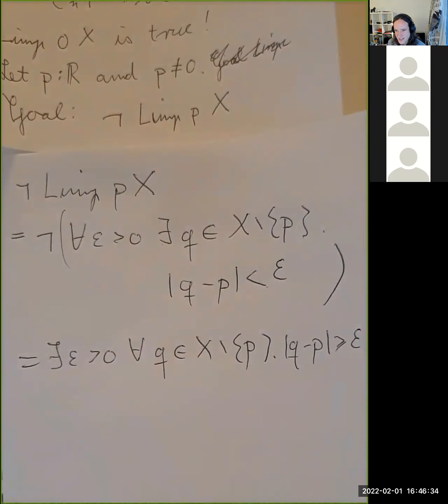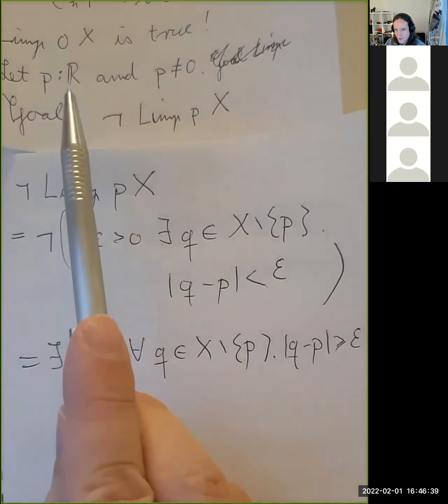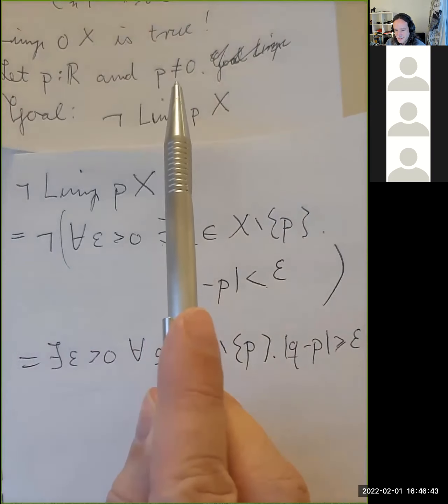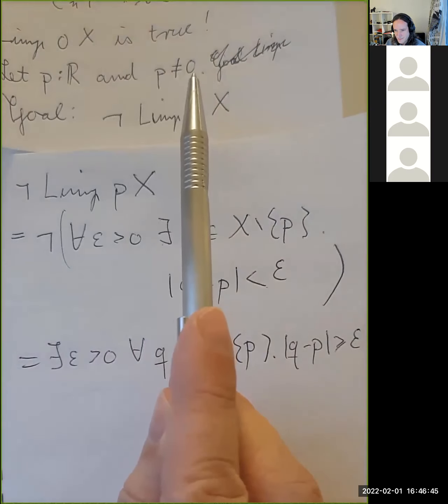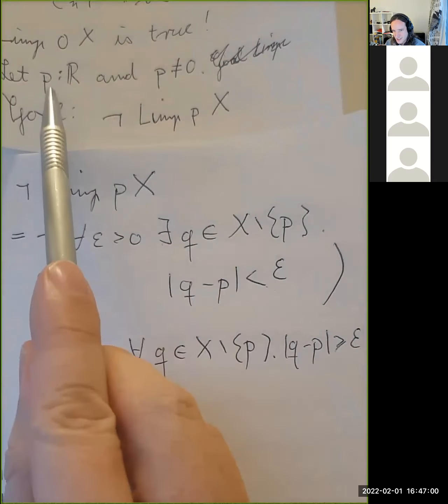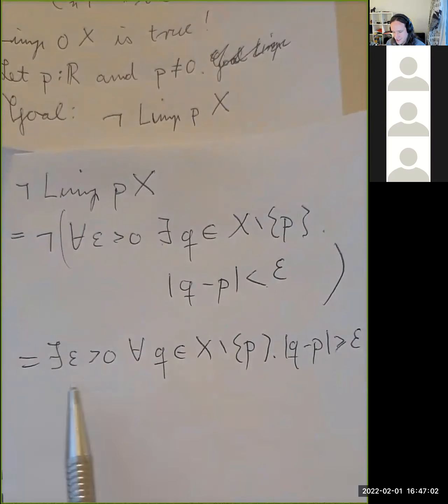And what we are really showing is for all p in R with p different from 0 exists epsilon. So we are actually in the same situation as before. So we have to find a function which maps such a p to such an epsilon.